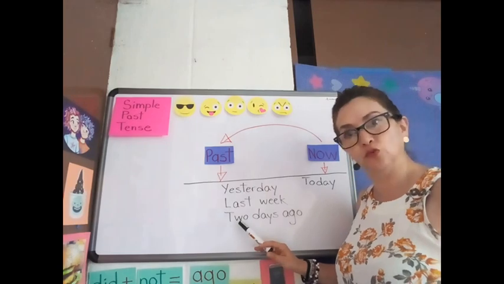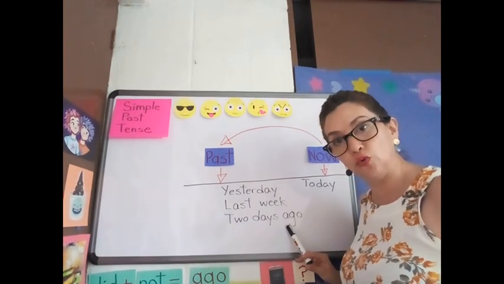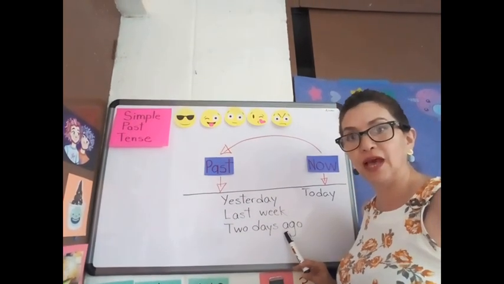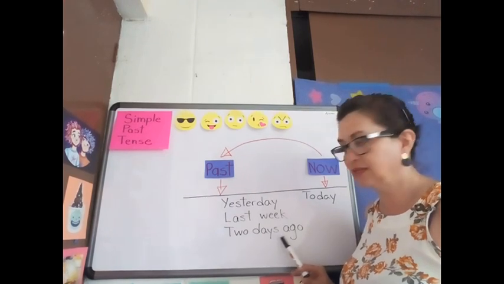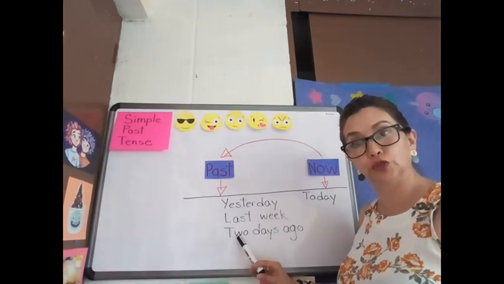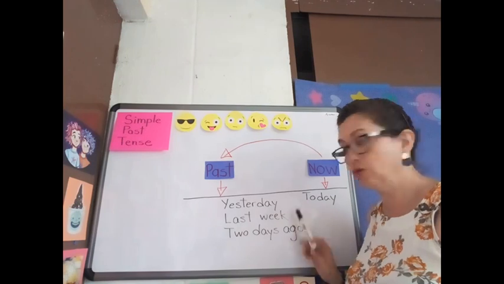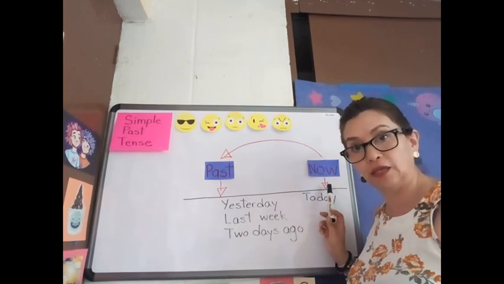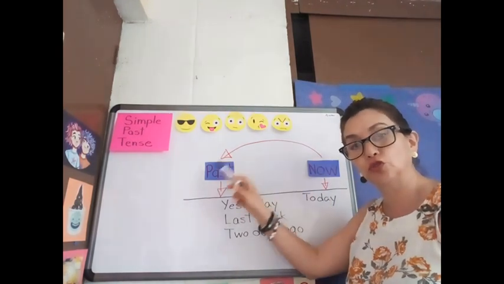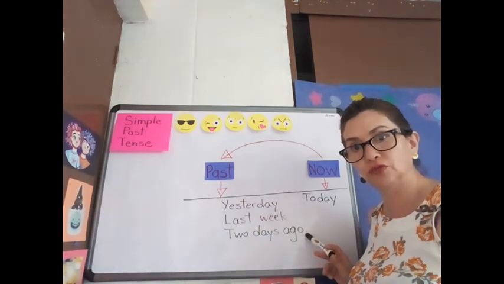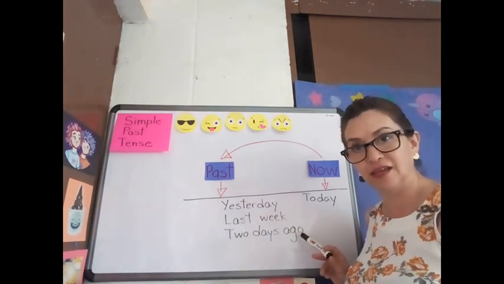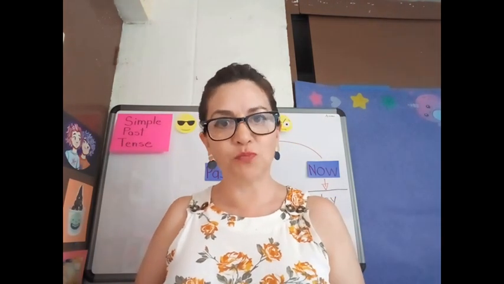Or expressions with the word ago to talk about a period in the past. For example, 2 days ago. Not today, not yesterday, but 2 days in the past. We will have another class exclusively talking about the past time expressions.